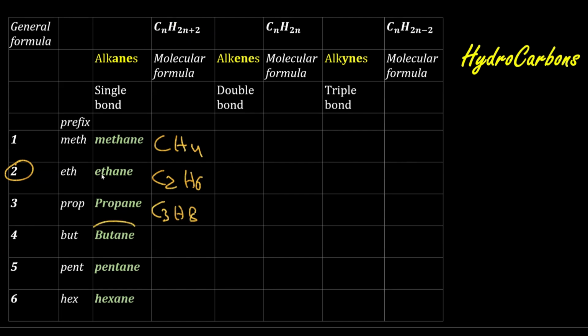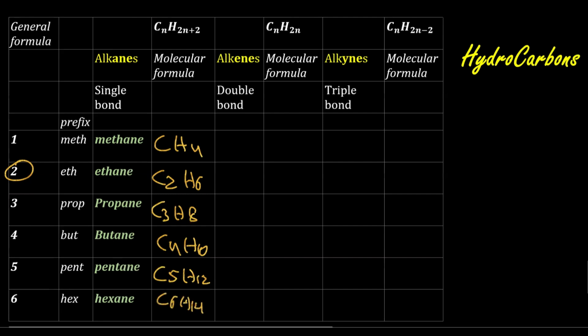For butane, we have to place n as 4, so it's C4H, 2 times 4 is 8 plus 2, 10. For pentane, it's going to be C5H12. And for hexane, it is C6H14.